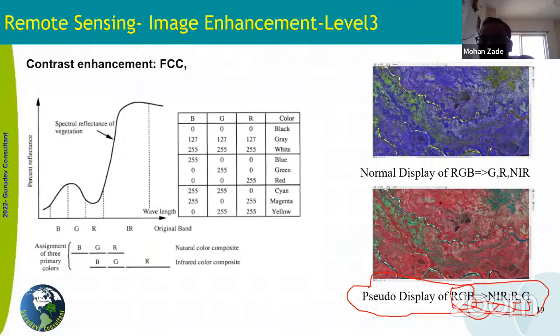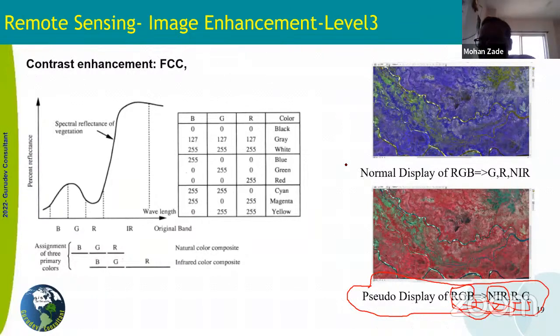Now here you can see the red or pink color. This red and pink color is nothing but the vegetation. And why is NIR given red? Because vegetation reflectance in NIR is more than 40% compared to other bands, and that's why you can see the images like this.